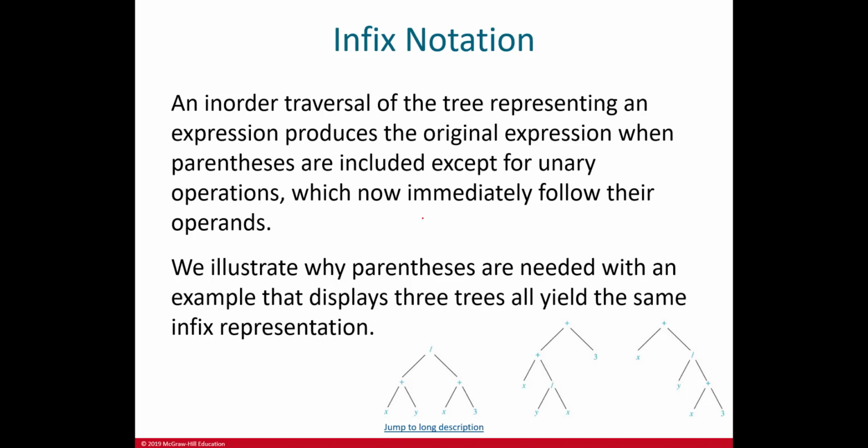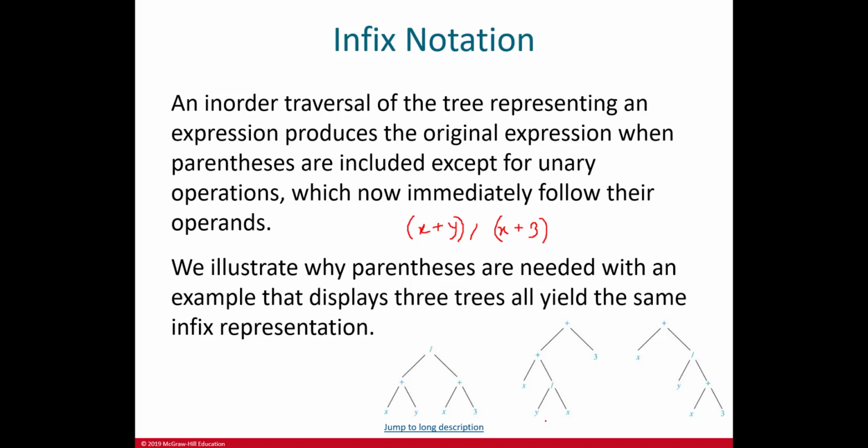If we just give x plus y and then division x plus 3, with no brackets given, then the same expression can be shown by 3 different trees. So first tree is representing x plus y divided by x plus 3.